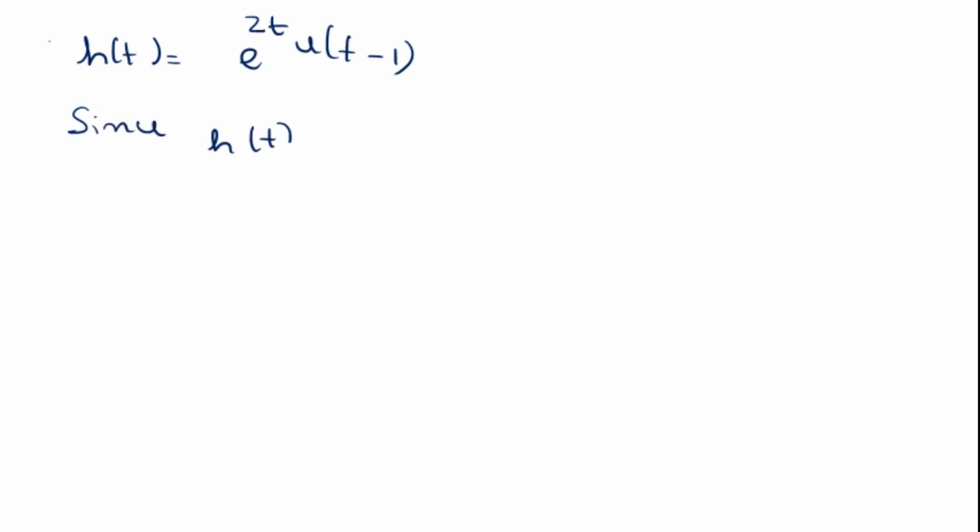Next problem, h of t is equal to e power 2t into u of t minus 1. Since h of t is not equal to 0 for t not equal to 0, hence the system is not memoryless.